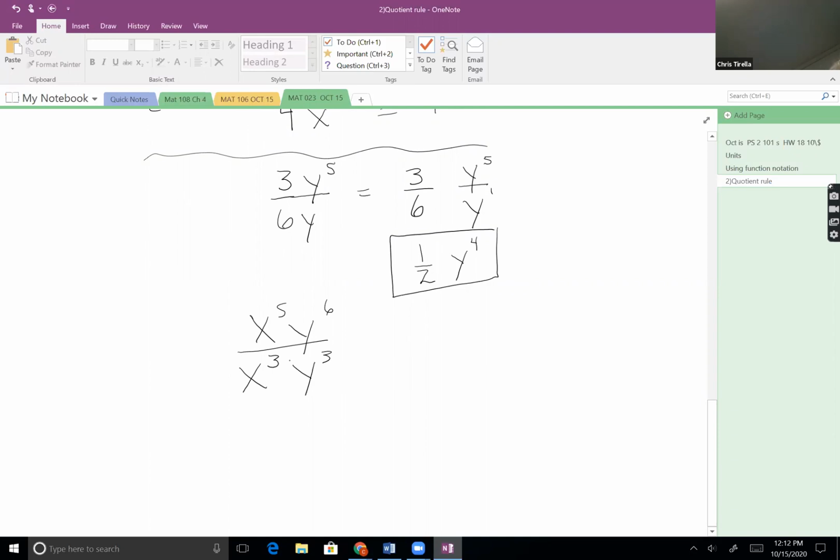We can think of having the same bases up and down. So we'll divide the x's. We'll have x to the 5 minus 3. And we'll divide the y's. Y to the 6 minus 3. And so my final answer would be x squared y to the 3rd.